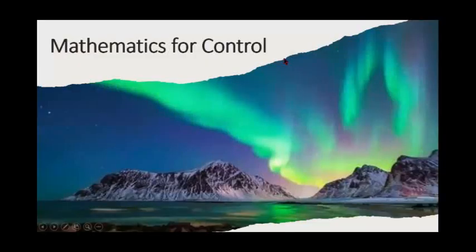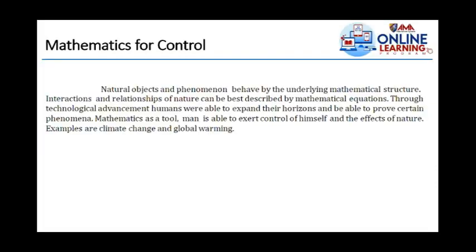Okay? Next is mathematics for control. So how would you control things or phenomenon? For example, climate change and global warming. Di ba, very evident naman yung climate change and global warming. As we all know sa mga balita, mas napapadalas yung mga bagyo sa Pilipinas.